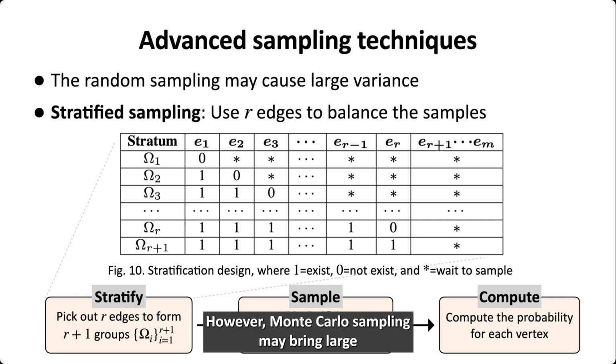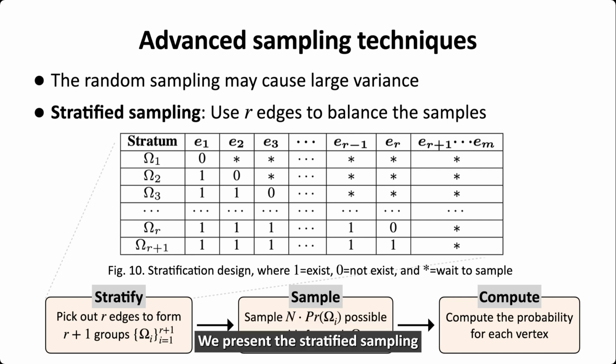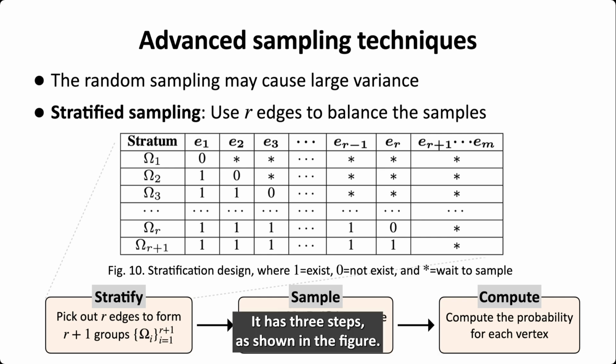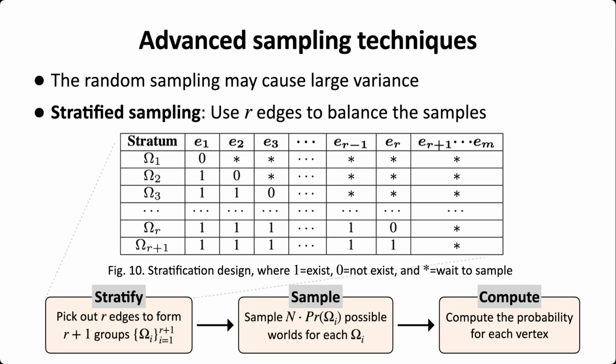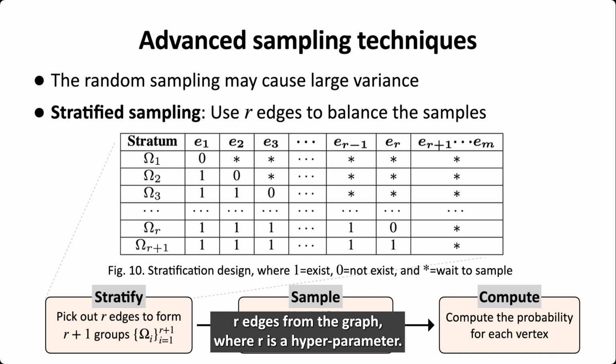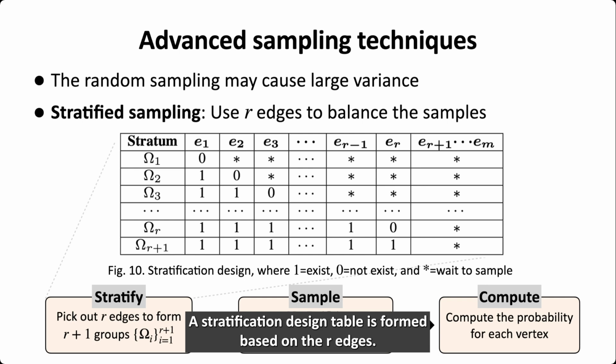However, Monte Carlo sampling may bring large variance due to its totally random sampling process. We present the stratified sampling technique to control the sampling process. It has 3 steps as shown in the figure. First, we pick out R edges from the graph, where R is a hyperparameter. A stratification design table is formed based on the R edges. Specifically, we divide the sampling space to R+1 groups.